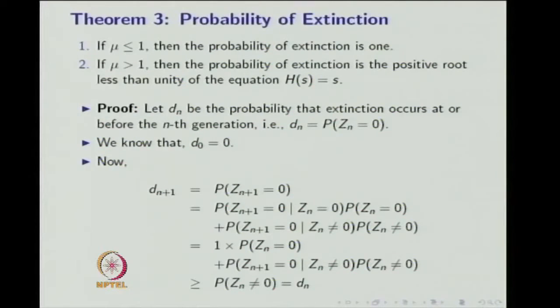Let dn be the probability that extinction occurs at or before the nth generation. Hence, dn is nothing but the probability of Zn equal to 0. We know that d naught will be 0 because we made the assumption Z naught is equal to 1.